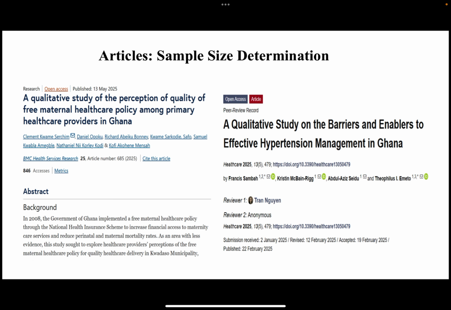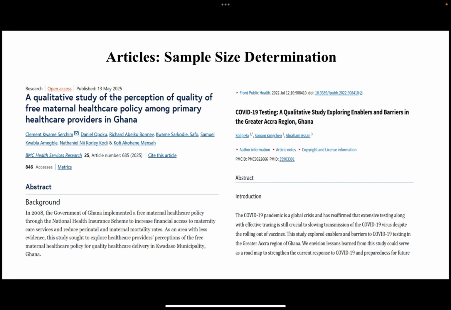So that is it for you. You can make reference to the papers here. A qualitative study of the perception of quality of free maternal health care policy among primary health care providers in Ghana. A qualitative study exploring enablers and barriers. You can make reference to these papers and see how you have to write the sample size determination in an article or in an academic work.